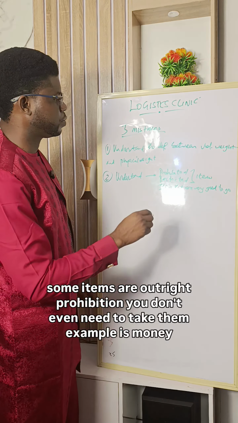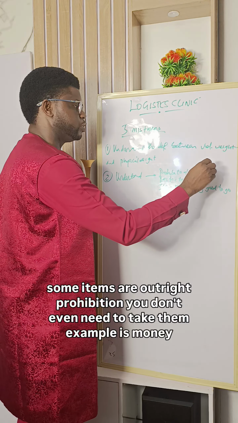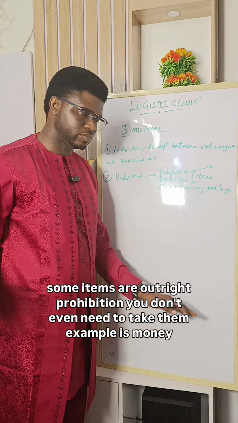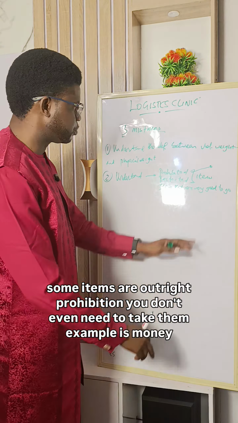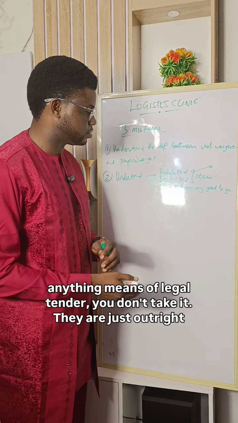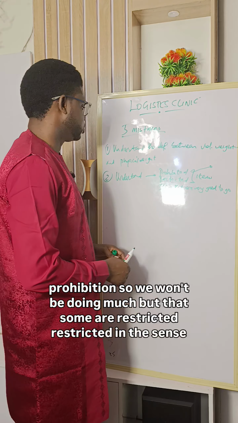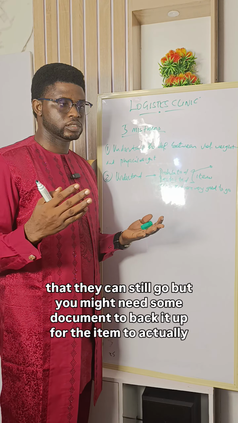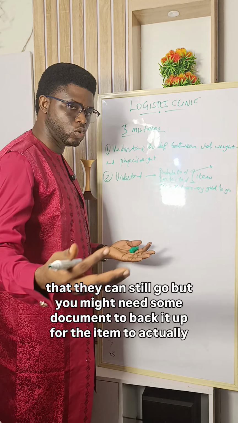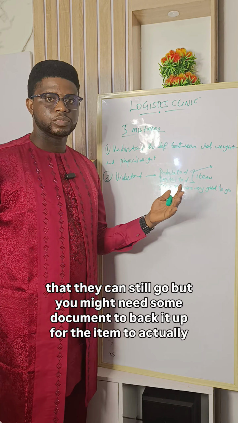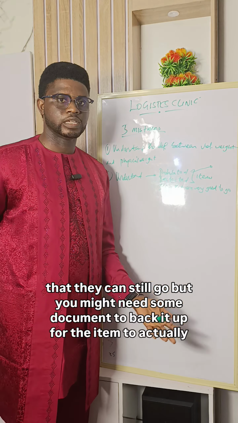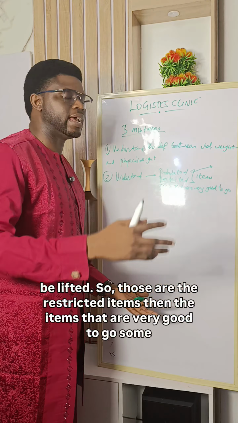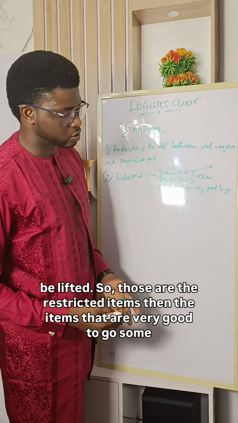Some items are outright prohibited. You don't even need to take them. An example is money, anything like means of legal tender, you don't take it. They're just outright prohibited, so we won't be drawing much into that. Some are restricted in the sense that they can still go, but you might need some document to back it up for the item to actually be lifted. So those are the restricted items.